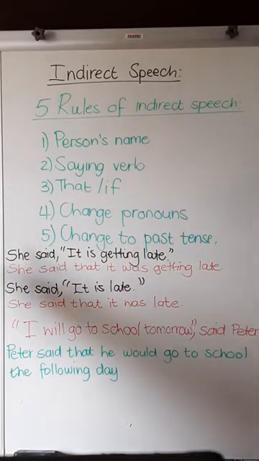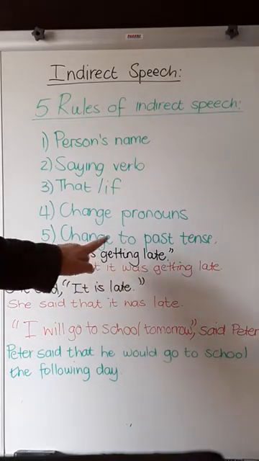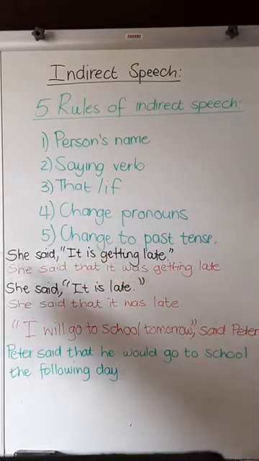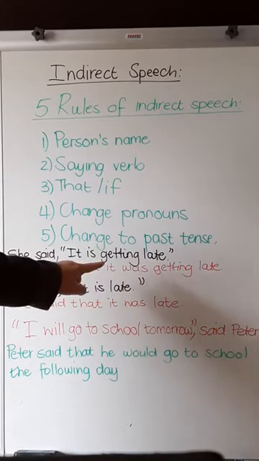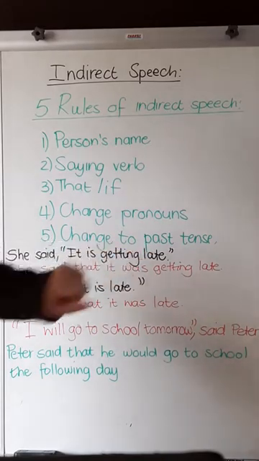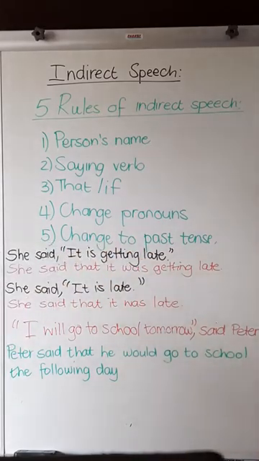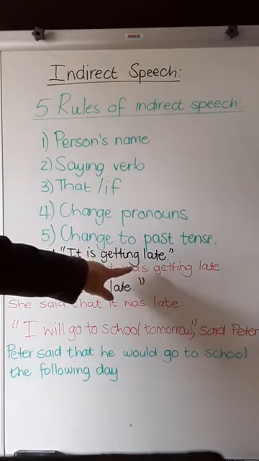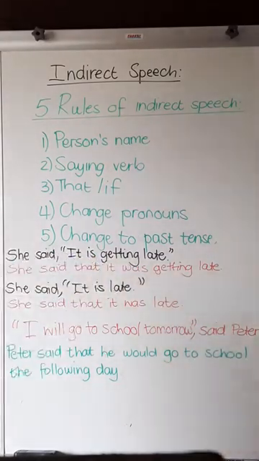She said it is getting late. She said that it was getting late. There is actually no pronoun in that sentence, so we didn't have to change that, but we had to change is to was because we have to write it in past tense when we do the indirect speech.